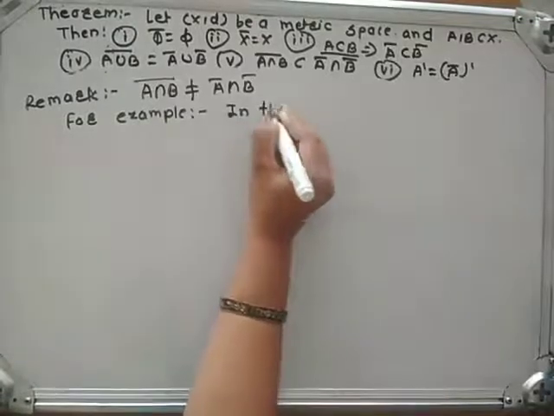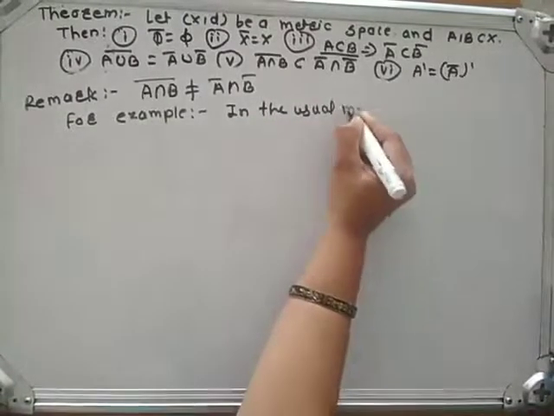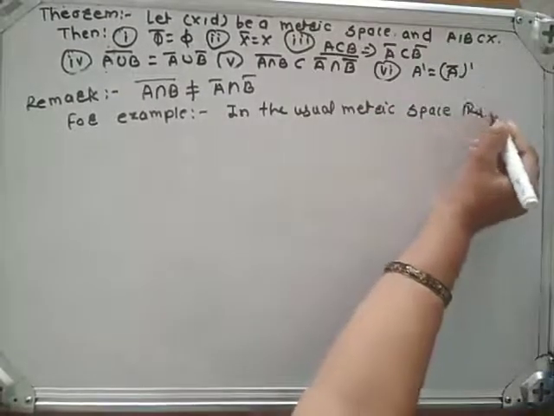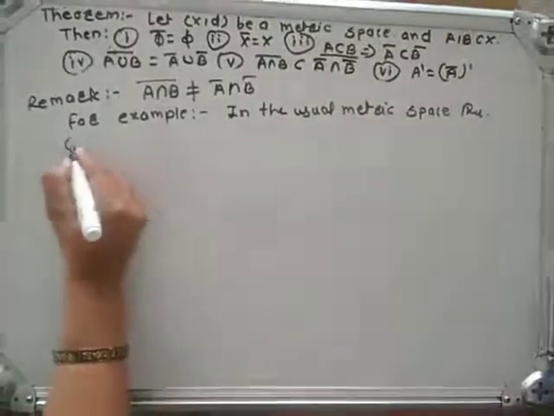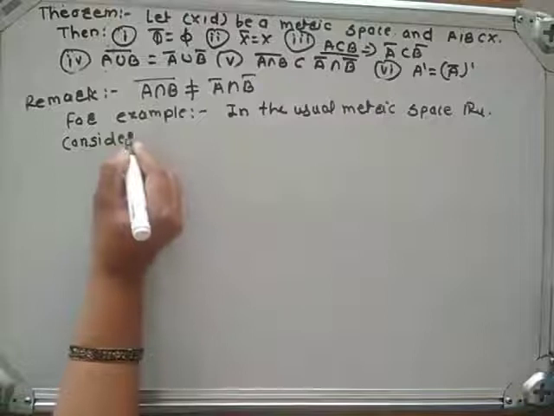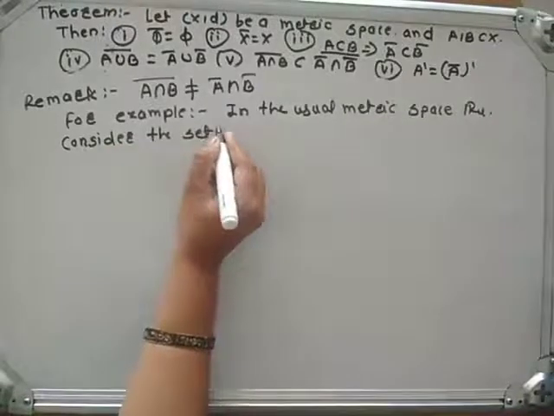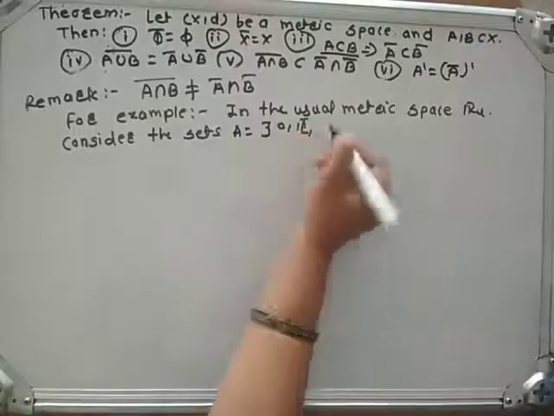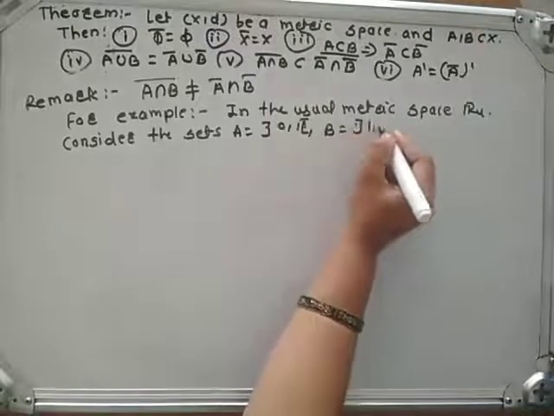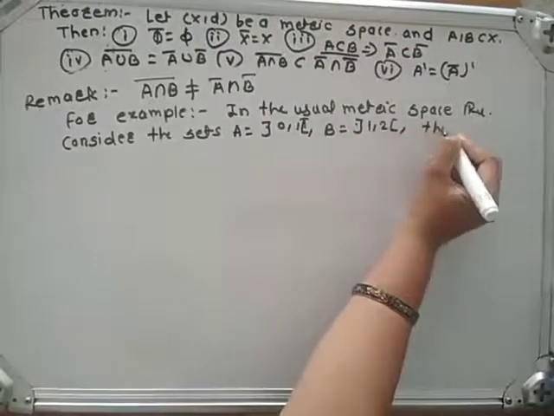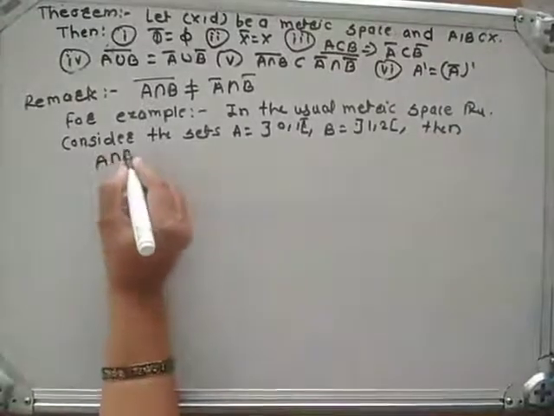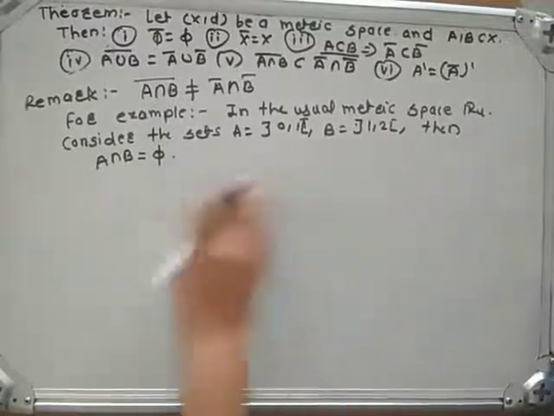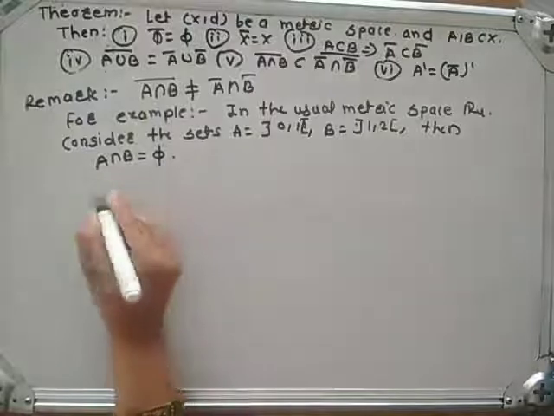In the usual metric space R, consider the sets A equal to open interval (0,1) and B equal to open interval (1,2). Then A intersection B is equal to phi. Obviously, these two intervals are open and disjoint, therefore their intersection must be phi.